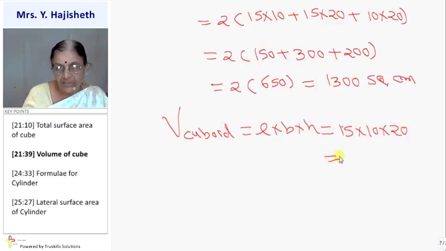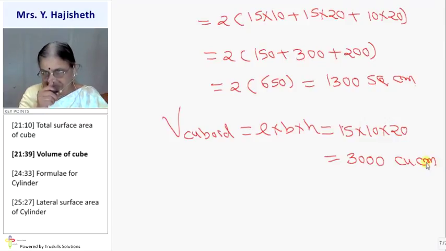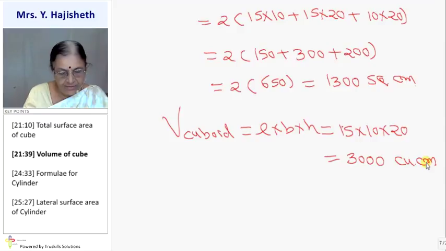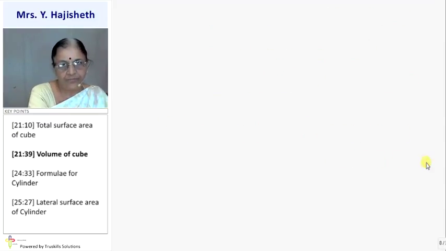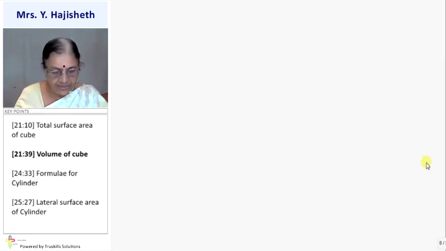So it is 3000 cubic centimeter. Clear? Cubic centimeter. So are you clear about cube and cuboid? Theory is over. Now see, we are talking about cylinder.